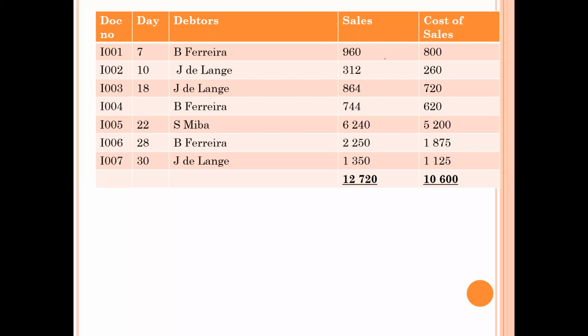If they give you the selling price, then it will go to sales, and you need to calculate the cost of sales. Sometimes they will give you the cost of sales, and then you need to go and calculate the sales. And that is the reason why you need to know those formulas. And then all that you still need to do is remember to add up the two amount columns to get the totals at the bottom.